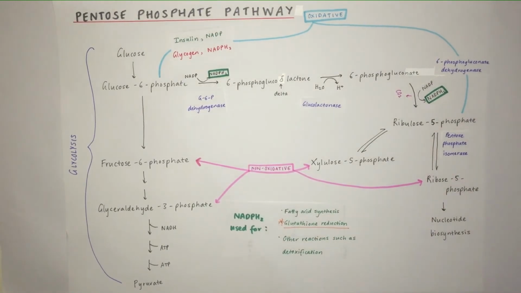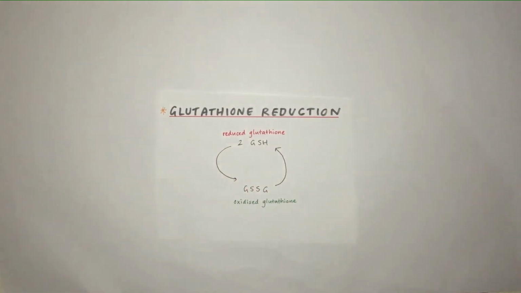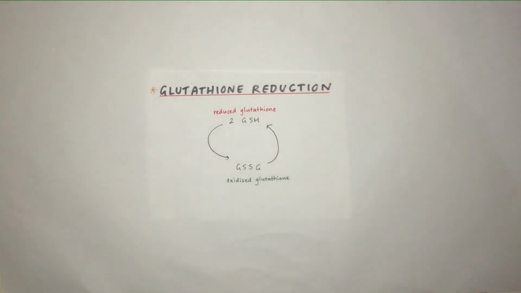It's used for fatty acid synthesis, glutathione reduction, and other reactions such as detoxification. So let's go through what glutathione reduction is. So glutathione is a substance in the body, and here we have the chemical reaction that occurs in glutathione reduction. So in the body, reduced glutathione will become oxidized glutathione.